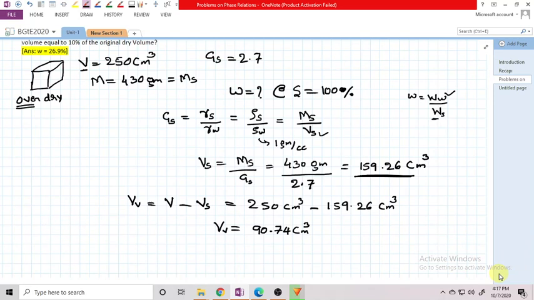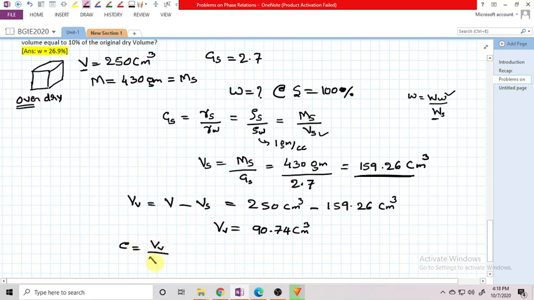So what is the void ratio? e is equal to volume of voids by volume of solids. Volume of voids is 90.74 cm cube, and volume of solids is 159.26 cm cube.